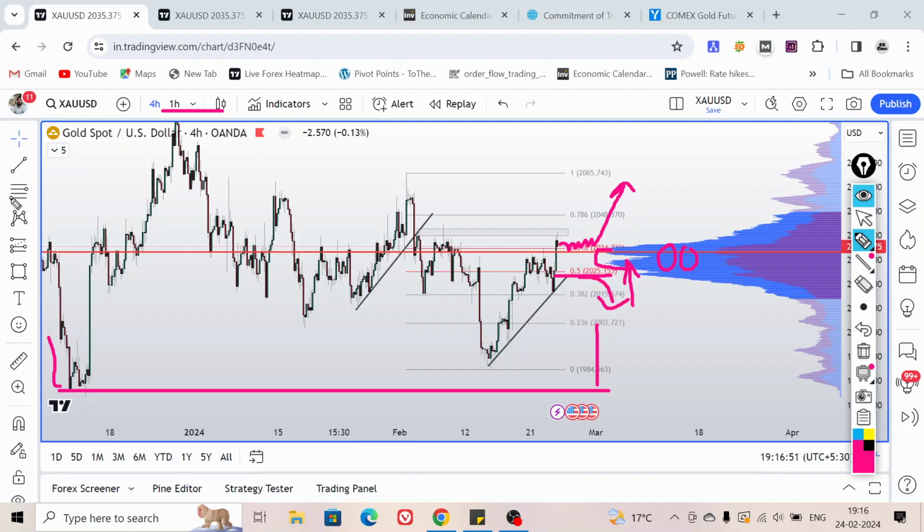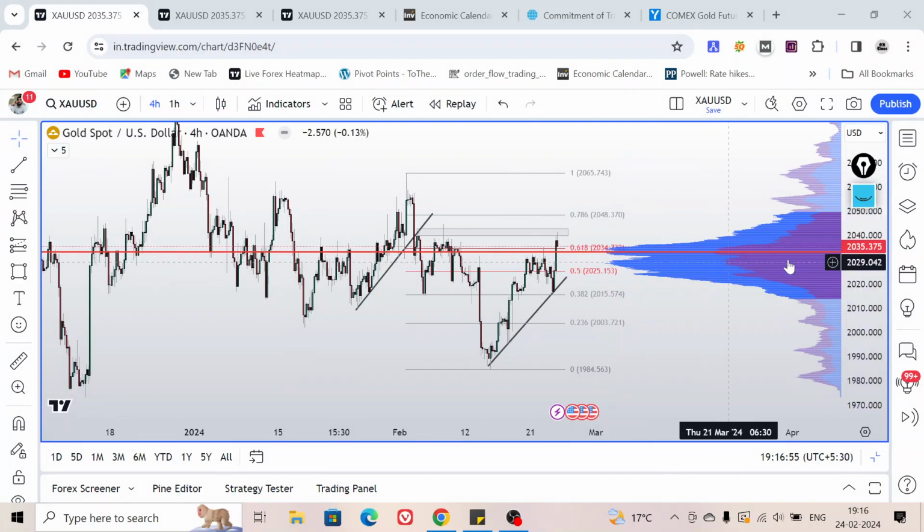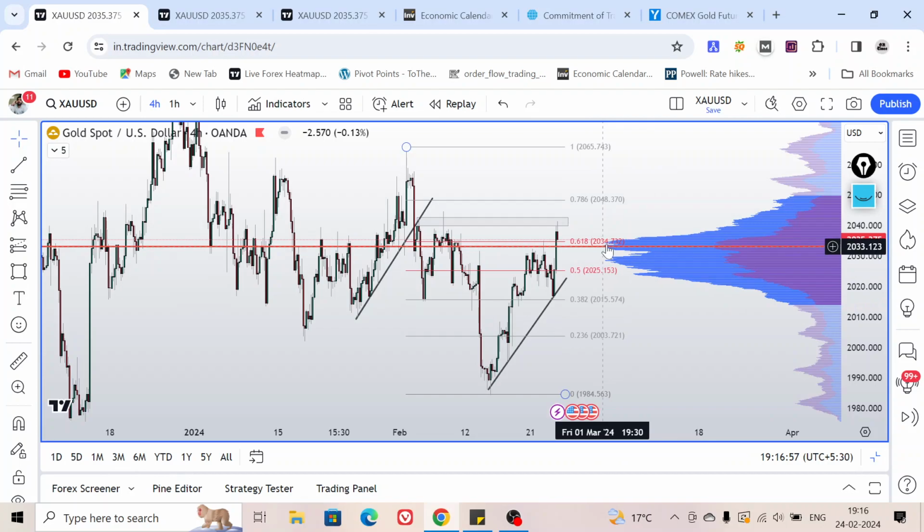Let me change it to the 1-hour time frame. As per the volume profile, this zone is a very critical zone that we have to watch carefully.